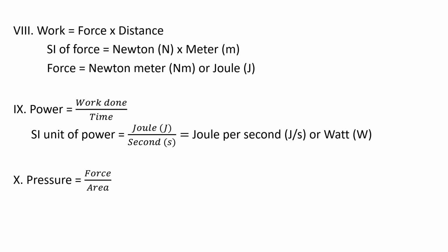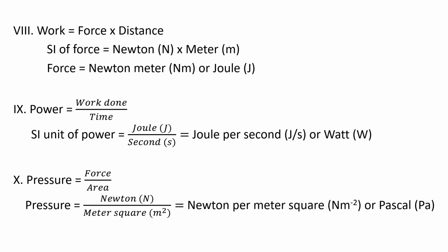Then the last one, the 10th one, what is pressure? Pressure is force over area. We said force is what? Newton. Area is what? Meter square. And this will give us our unit. Force, we already know it is Newton. Area is meter square. So we get Newton per meter square.